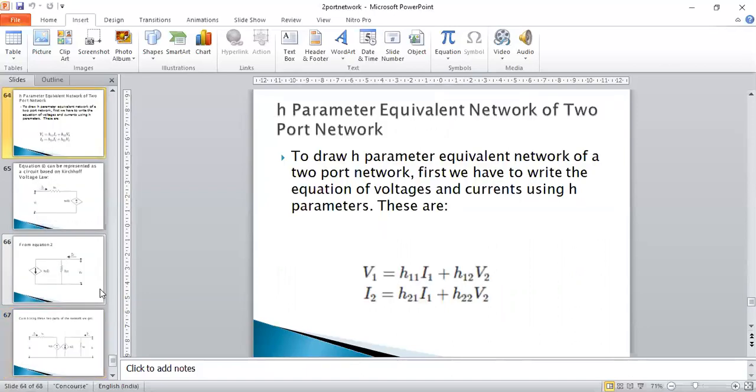The next topic is how we actually model the H parameter, meaning how you draw the equivalent network of the two port network. To draw this H parameter equivalent network, first we have to write the voltage current equations as usual using H parameters, which are given below.